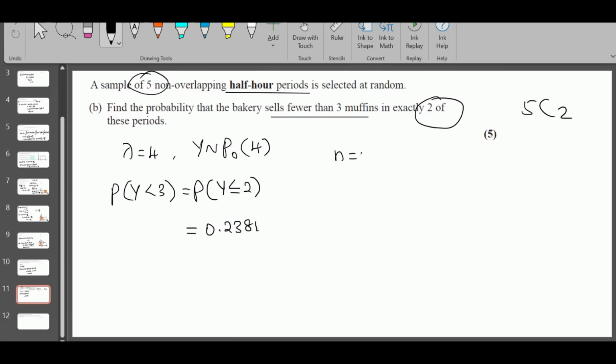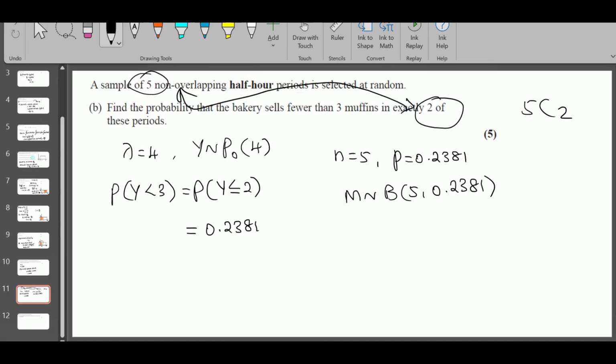We know n is equal to 5. Probability of success is 0.2381. So M follows binomial distribution of 5, 0.2381. Why binomial distribution? Because we are finding 2 out of 5, right? That's how they combine this binomial and Poisson.